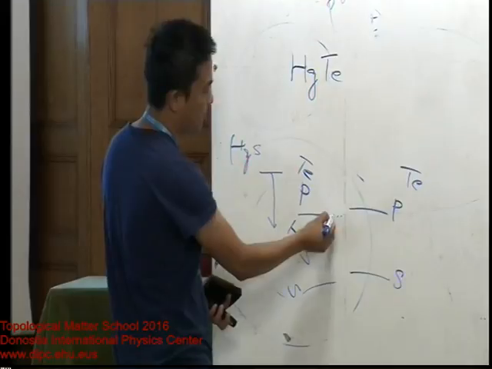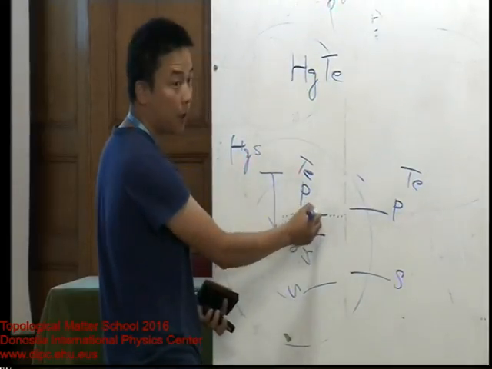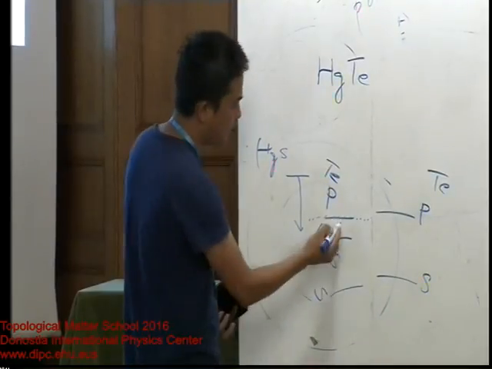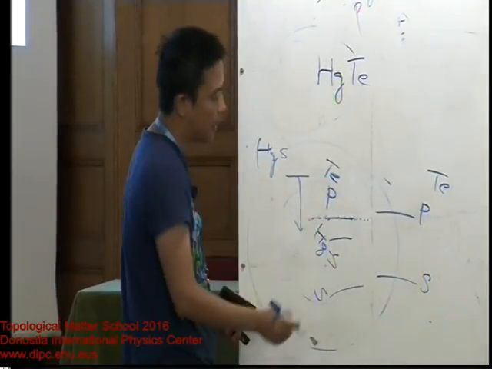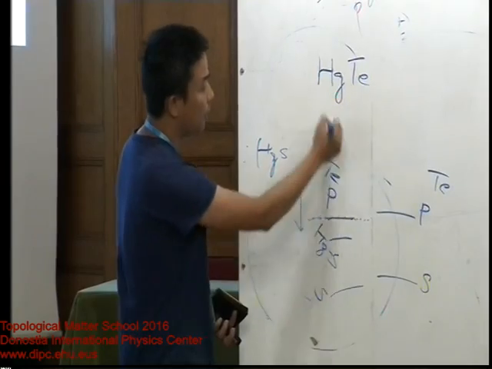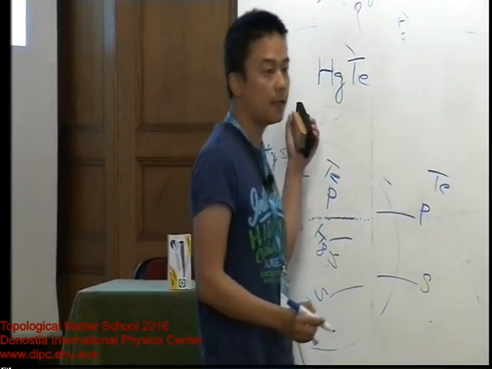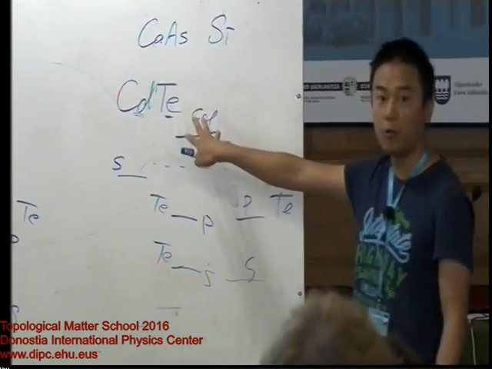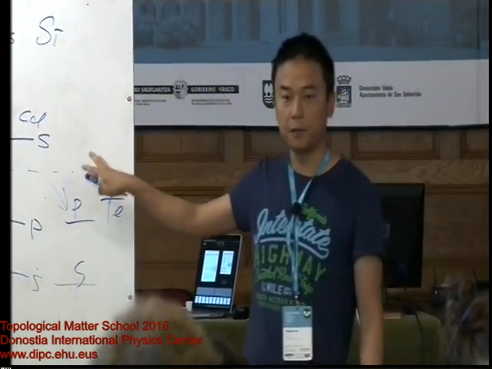The Fermi energy will cross this p orbital because p has 3 orbitals, px, py, pz here, and force the degeneracy. Then the consequence is mercury telluride is a semi-metal, or a metal. There's no band gap.